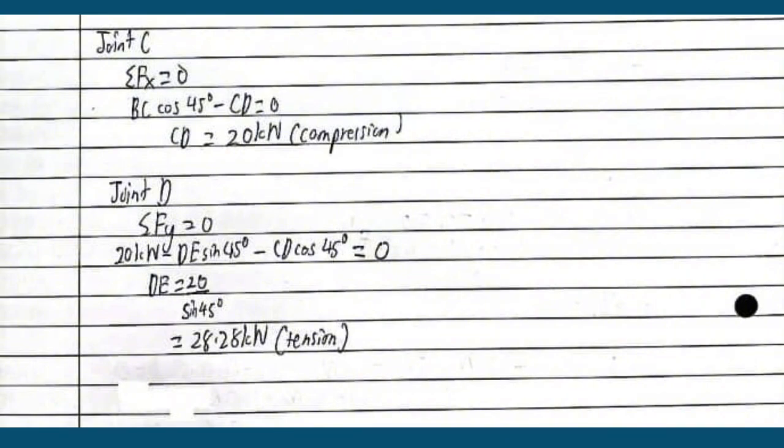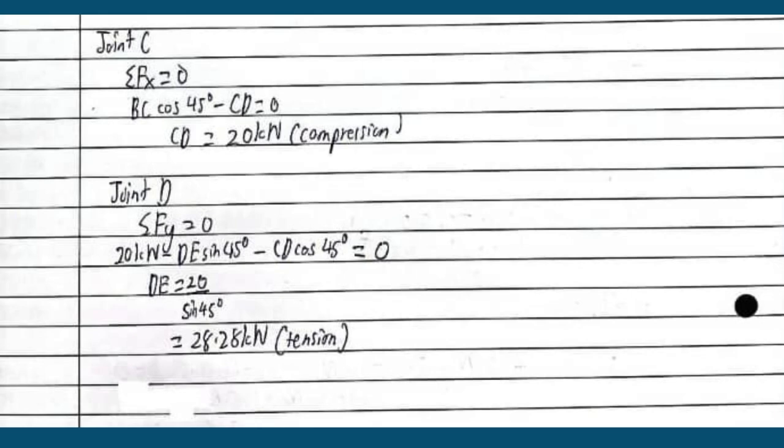For joint D, we have 20 kN acting vertically. The forces in members CD and DE, summing the forces in the vertical direction, the total y-axis force is 0. 20 kN minus DE sine 45 degrees minus CD cos 45 degrees equals 0.